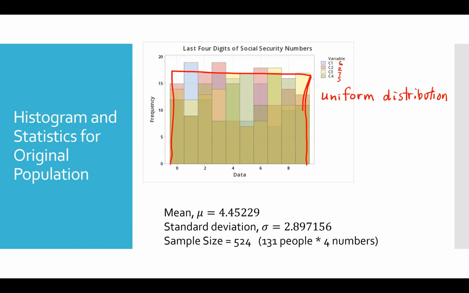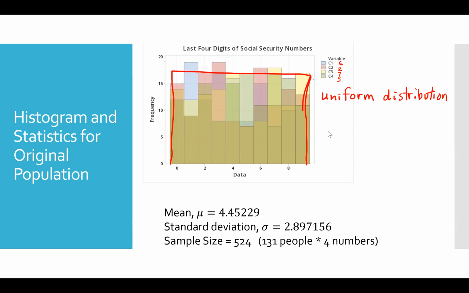If I took all 131 numbers, added them together, and divided by 524, because you had 131 people, four numbers each, that gives me a total of 524.